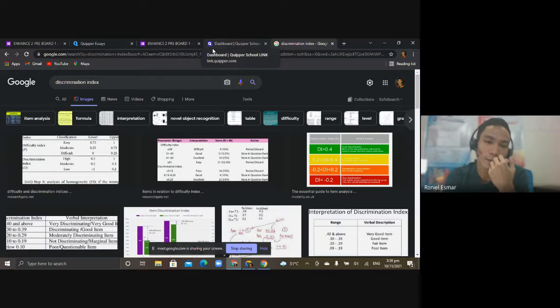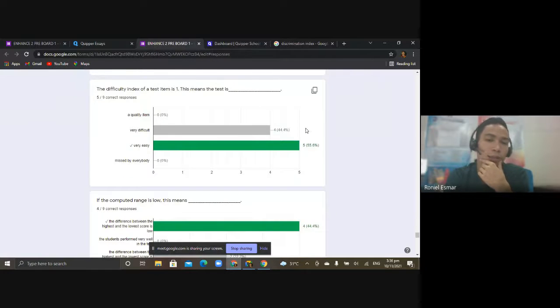Also, what should be considered? It should be moderate ang difficulty index para ato siyang i-retain. It should be between 0.25 to 0.75. So that's why for the test item nga 1, we can identify this as very easy.